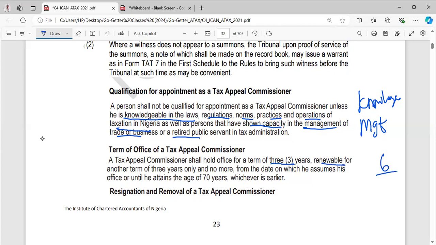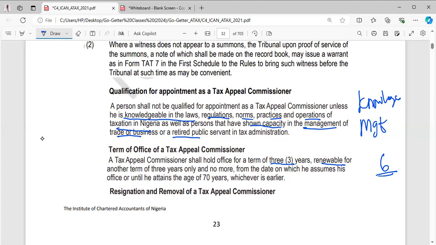What does that mean? It means that it's possible that two sets of tax appeal commissioners may run during an 8-year presidential rule, or even two sets may run during a 4-year presidential rule.